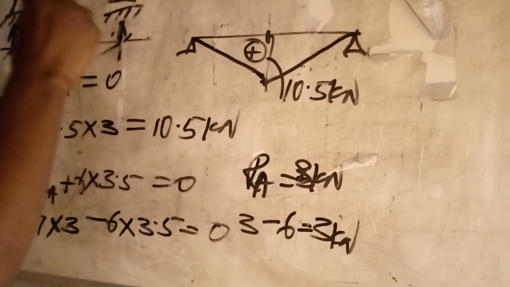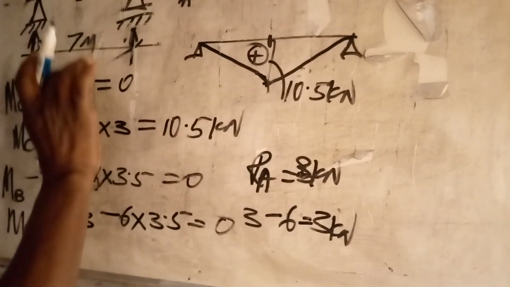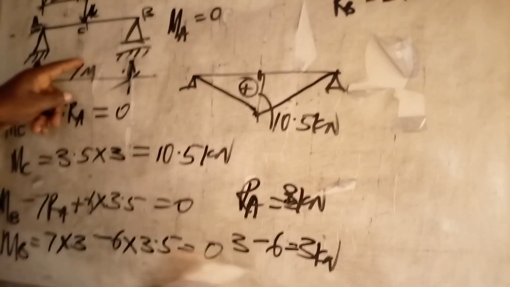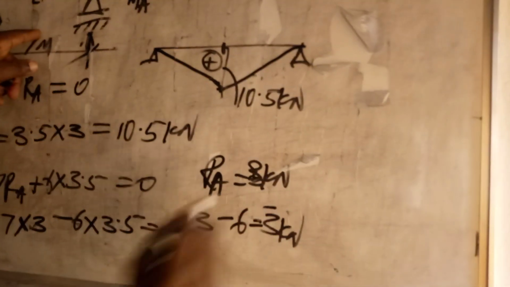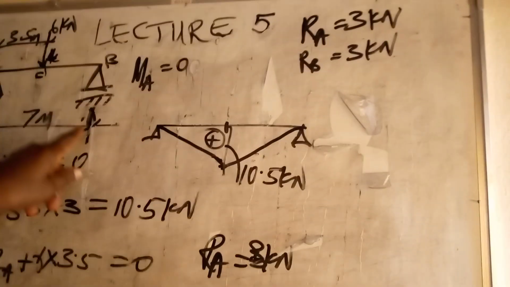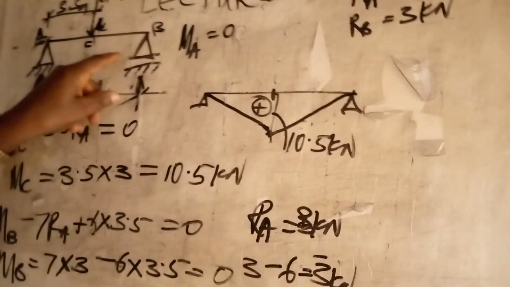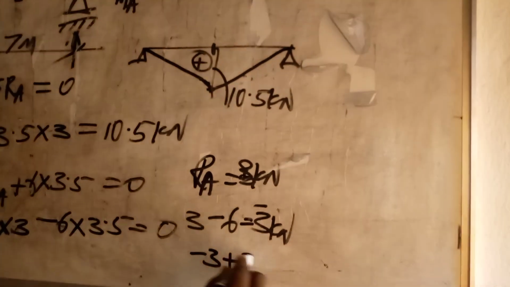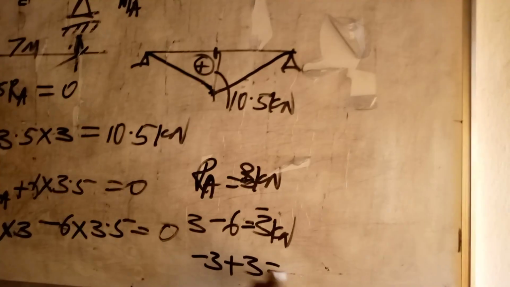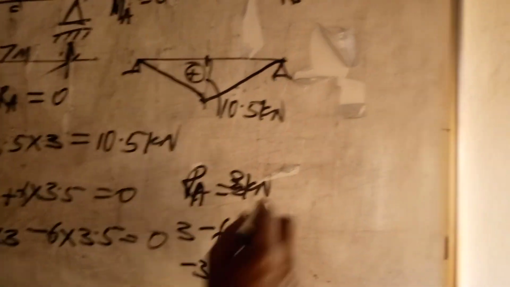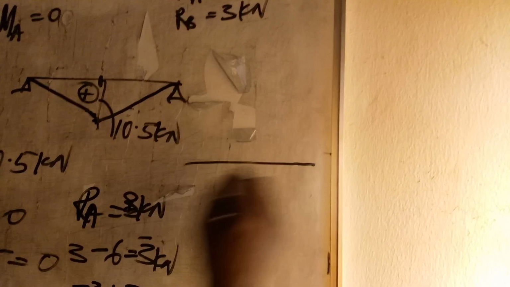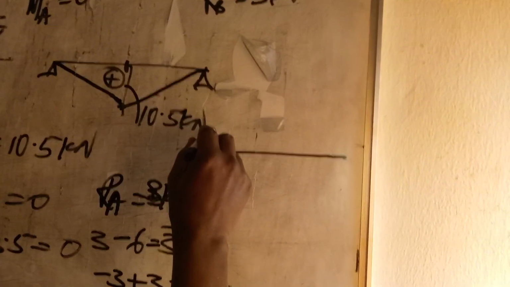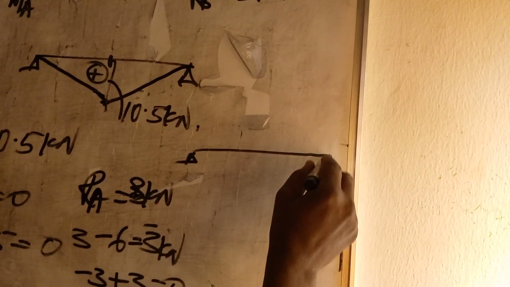It continued on to B. On getting to B, this minus 3 plus reaction B, which is 3 pointing up, gives you 0. It closes at 0. So the shear force diagram will be this way. Now, this is the structure.